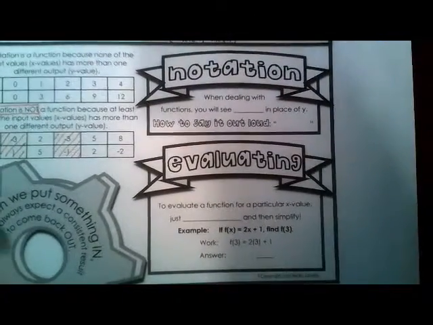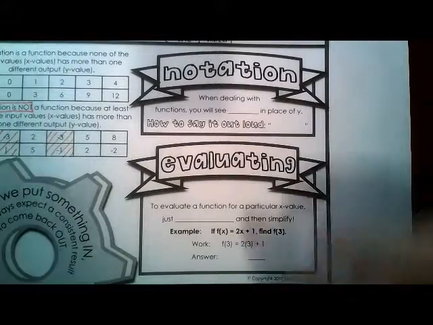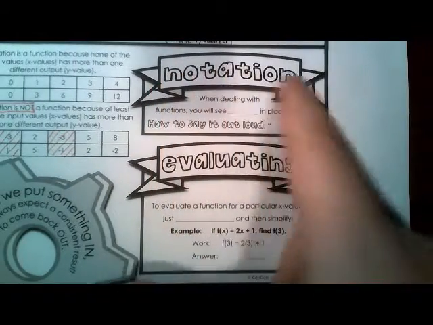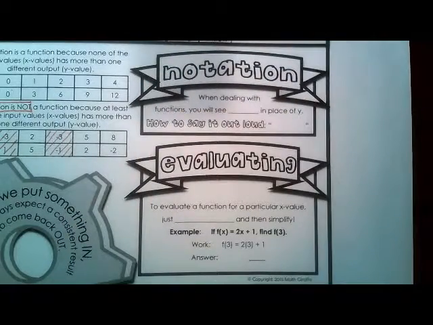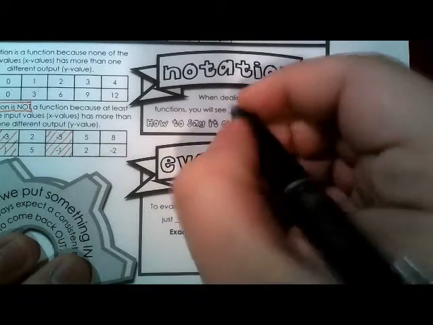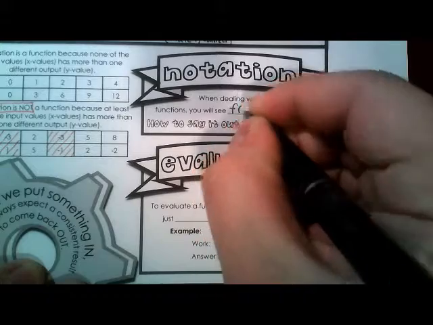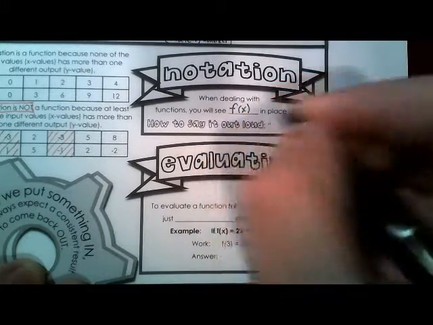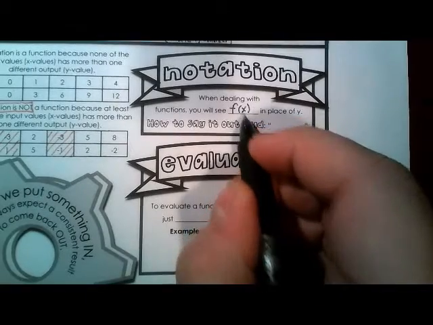And a nice thing to have for your notebooks for next year when you're in algebra is function notation, something that we go over in algebra. So when dealing with functions in algebra, you're often going to see this symbol: f, and then an x inside of parentheses.